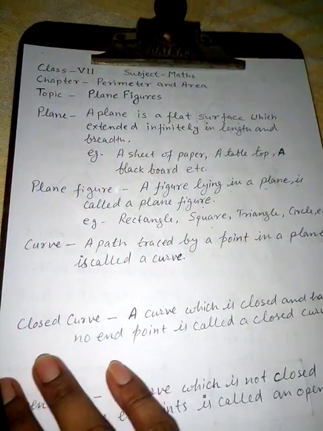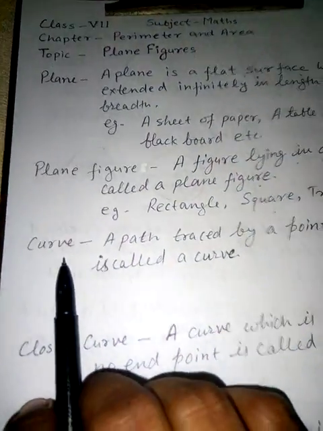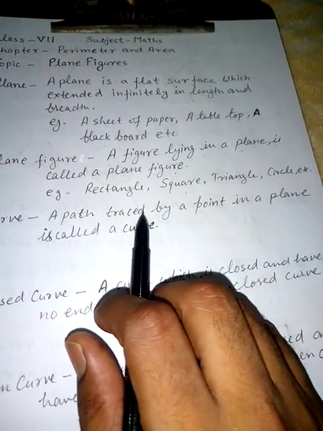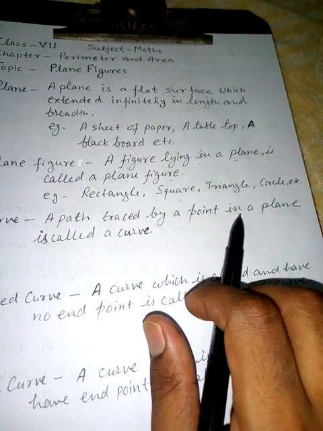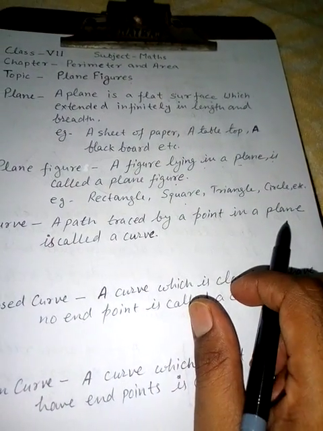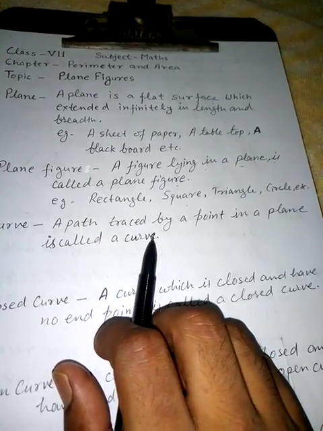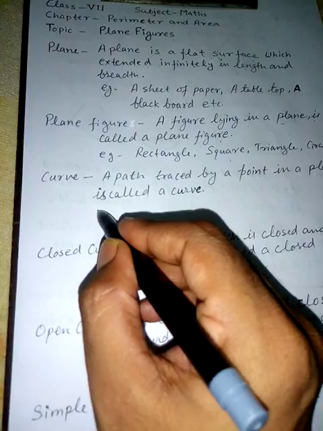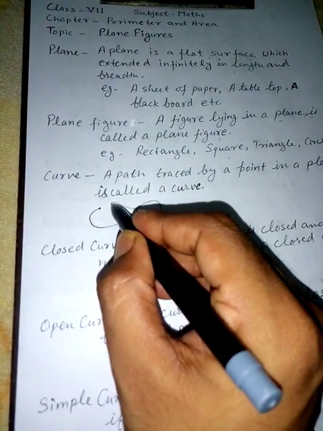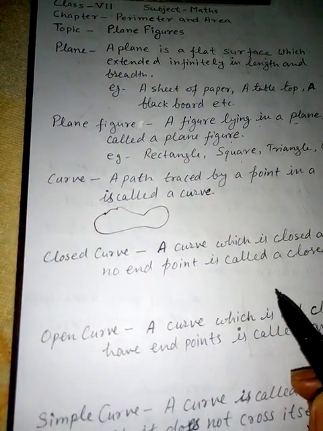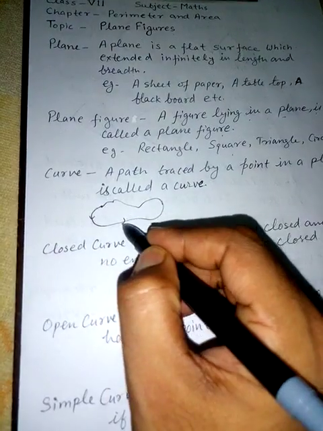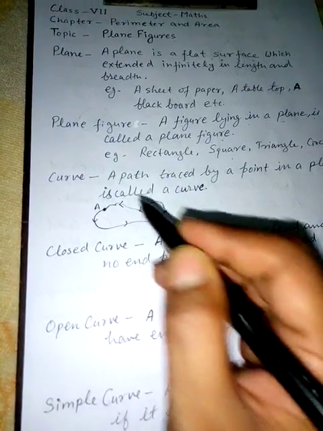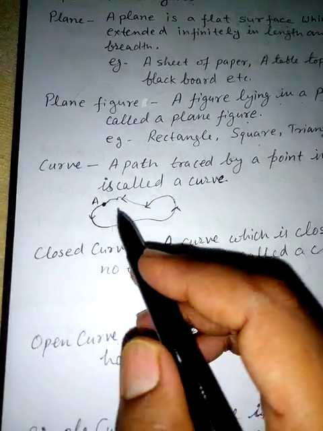Now we have to talk about curve. What is a curve? A path traced by a point in a plane is called a curve. Suppose this is a point. When we draw this type of thing, starting from here to here, and ultimately on this point, then it is a curve.